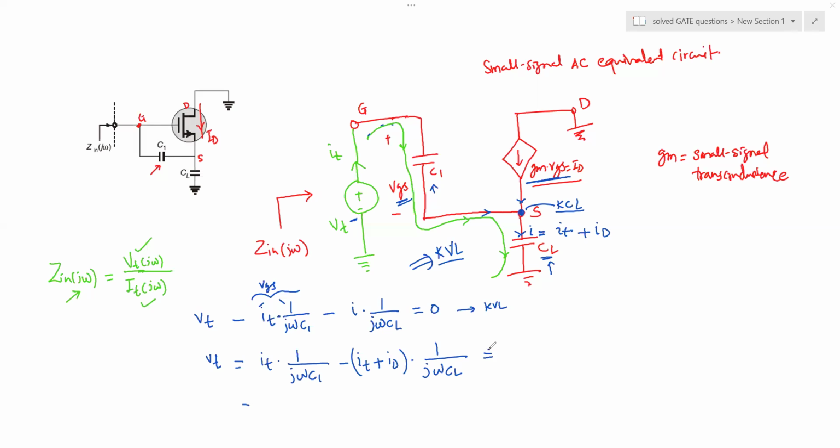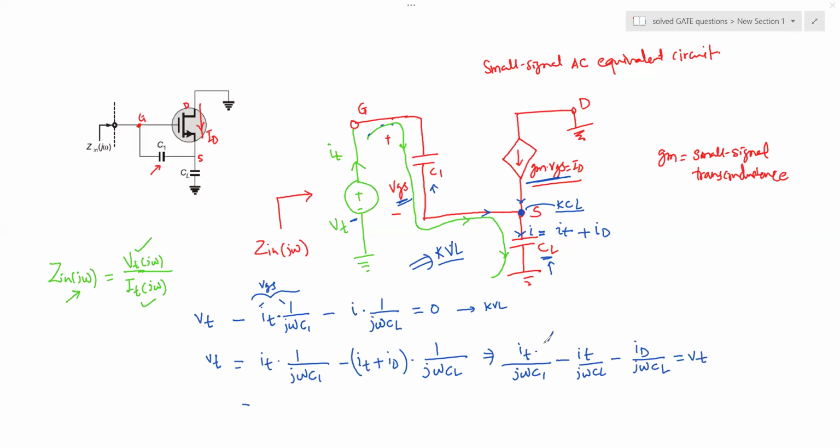Expanding it further will be written as IT divided by j omega C1 minus IT divided by j omega CL minus ID divided by j omega CL is equal to VT, right? So that's how we are expanding the terms here.